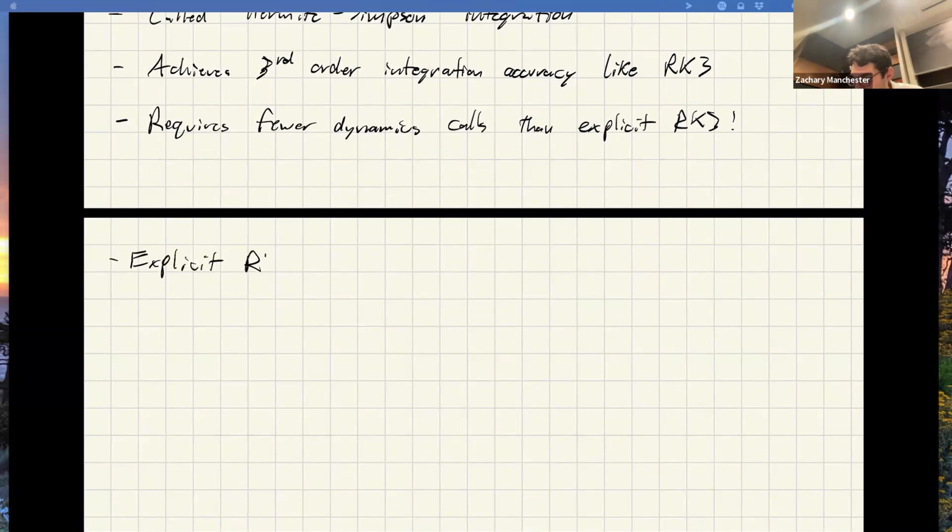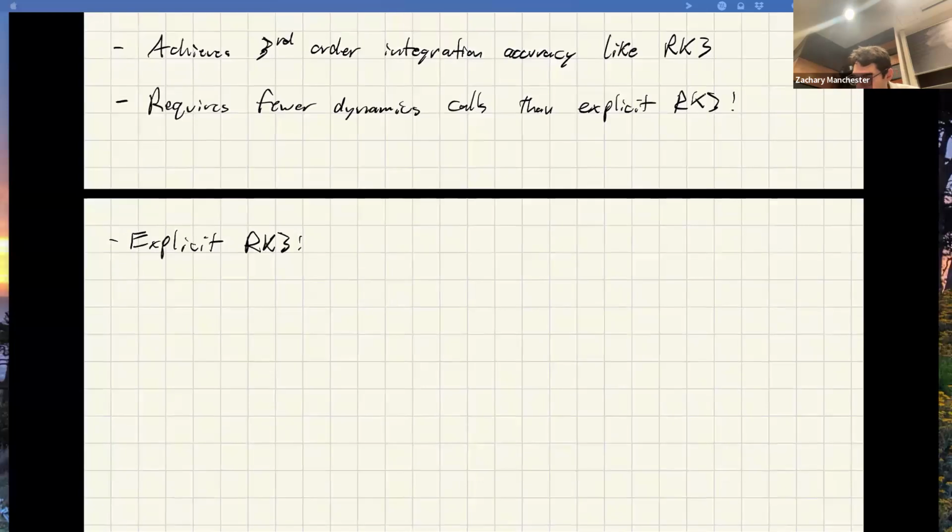So let's write that down to make that clear. Here's explicit RK3, very similar to RK4, just one less stage. So I'll write it down. We're going to have 3 f calls in here. This will be zeroed or whole or whatever. It doesn't matter in this case. The important thing is how these are getting evaluated. This looks very similar to RK4.